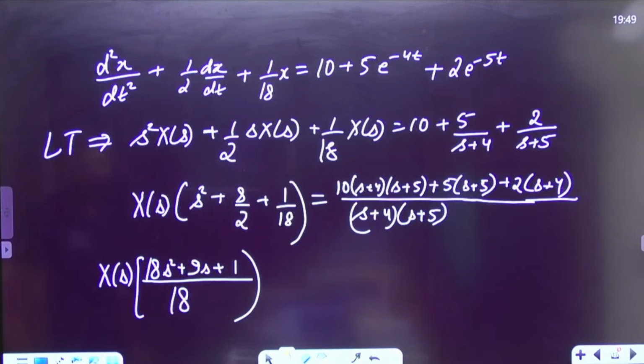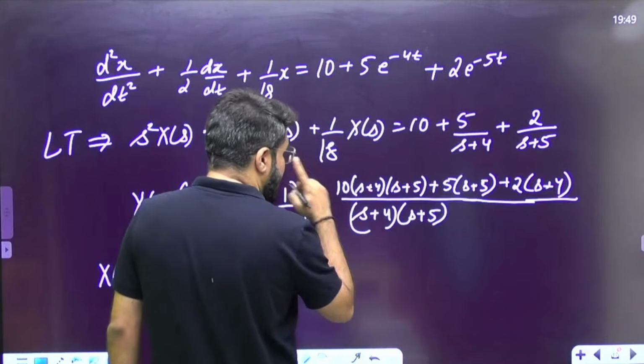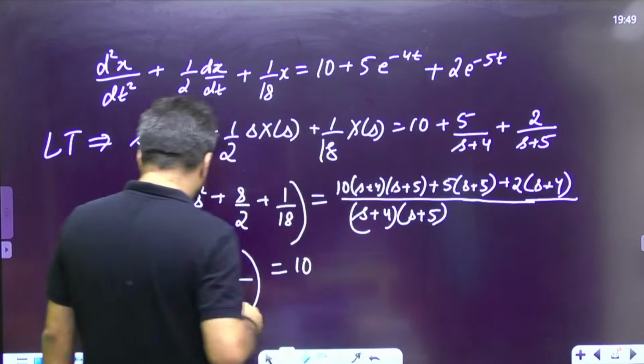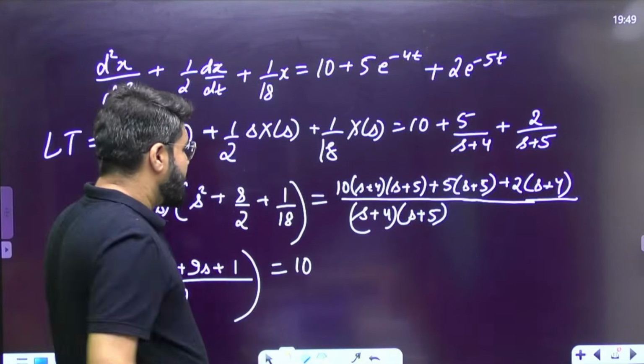This is equal to 10 into, now s square, where are these poles going to be? That we can calculate separately also. Let's simplify this.